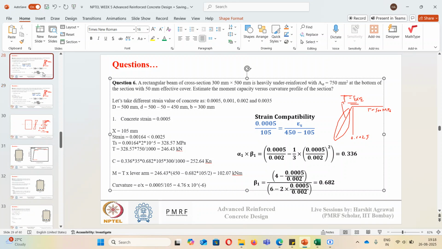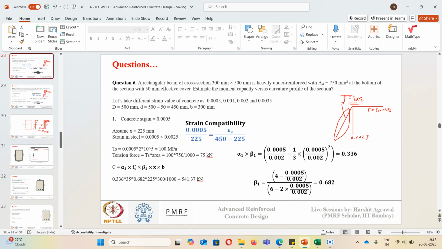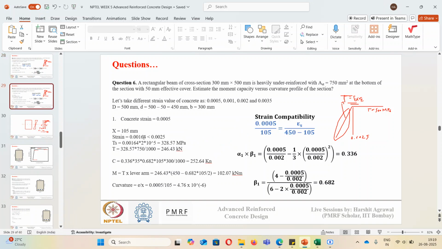We first take an assumption of concrete strain. We take a concrete strain, we assume a neutral axis depth, and we find whether the tensile force is becoming equal to compression force or not. If it is not equal, then we need to do an iteration process. We need to again take a neutral axis depth and do the calculation until those two values become very close to each other, almost equal or equal.